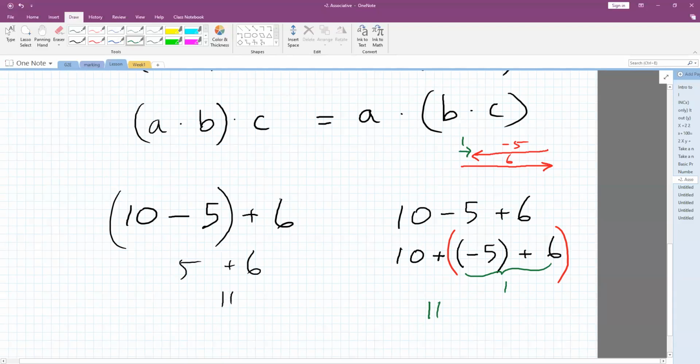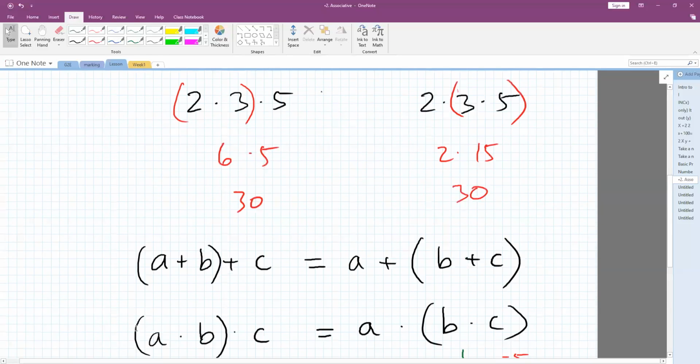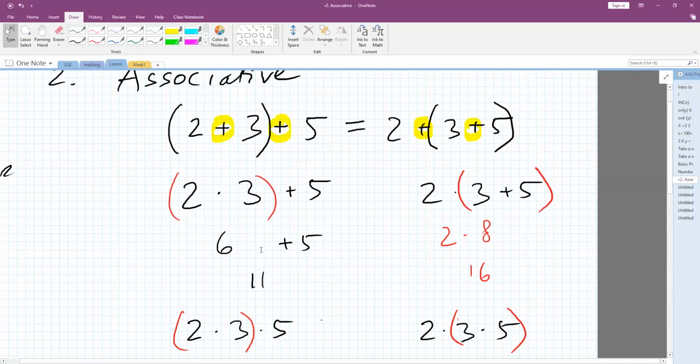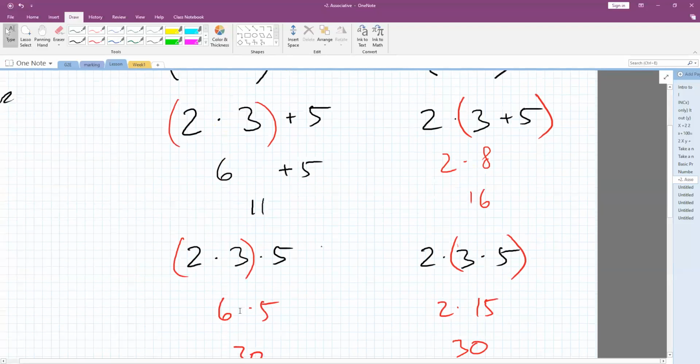So with the associative, of course, with addition, you can also have subtraction in there, and basically it will do the same thing. You can move the bracket around, but you cannot have, for example, addition and multiplication in one single calculation like this and then move the bracket, because you have seen the proof of it, and they are different.